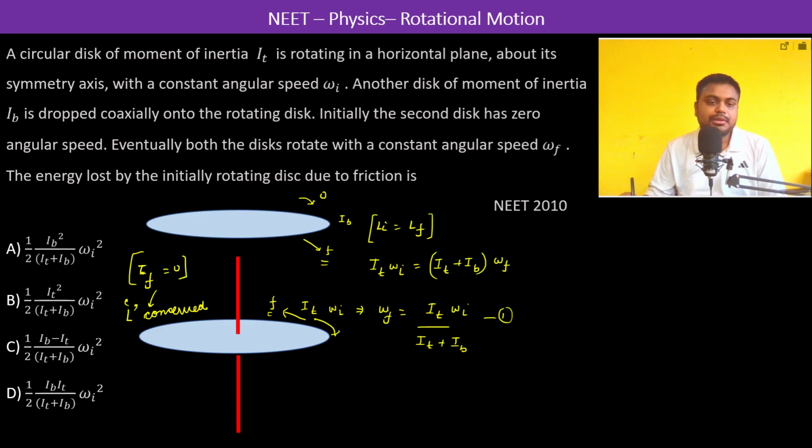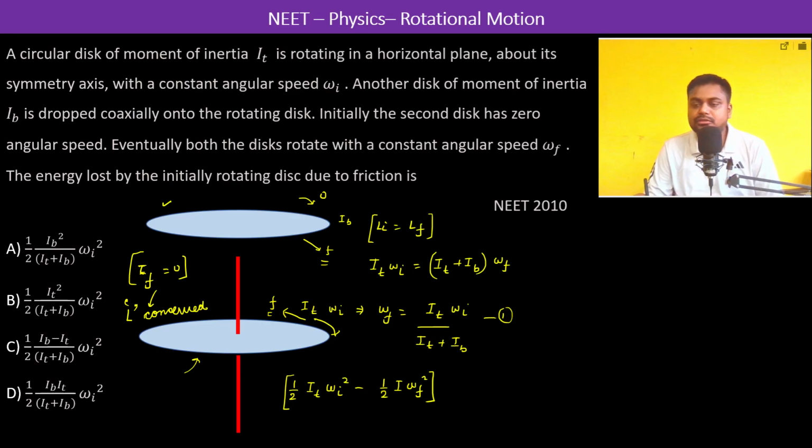Now what is the energy loss due to friction by the initially rotating disk? Ideally we should do half IT omega initial square minus half IT omega final square. This is the energy lost by the rotating disk due to friction, and the energy gained by the second circular disk of moment of inertia IB due to friction.